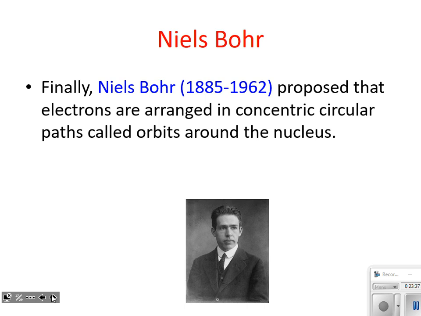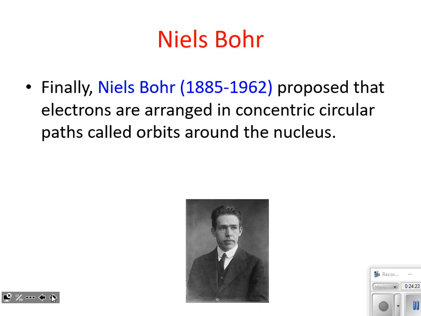Niels Bohr, 1885-1962, proposed that electrons are arranged into circular paths that he called orbits around the nucleus. So he said that these electrons follow a path around the nucleus, and he called that path orbits. Well, what does that sound like?